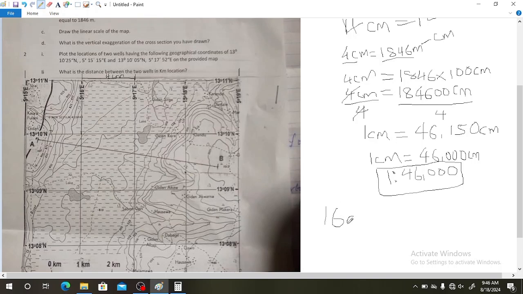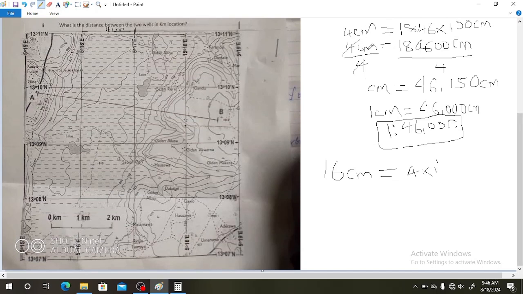We have 16 centimeter is equal to how many minutes then? If each box is increasing by 1 minute, 4 boxes will increase by what? It will increase by 4 minutes.